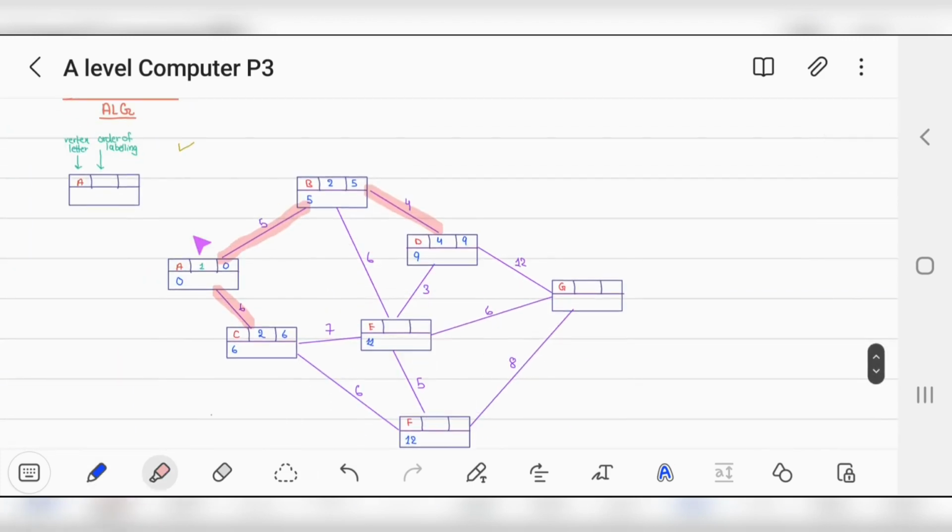9 is the least. So 1, 2, 3, 4 is the sequence number and 9 is the cost. Starting again, if I go from 5 plus 4 plus 12, what will I get?